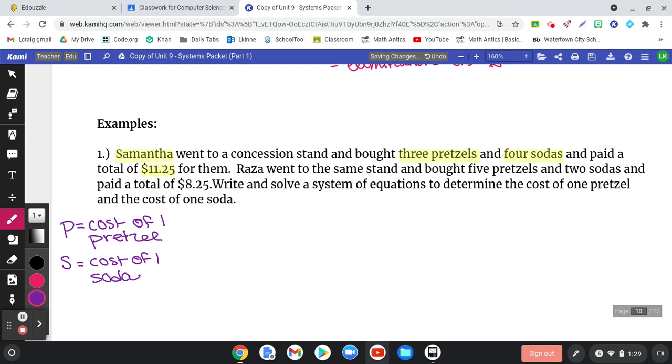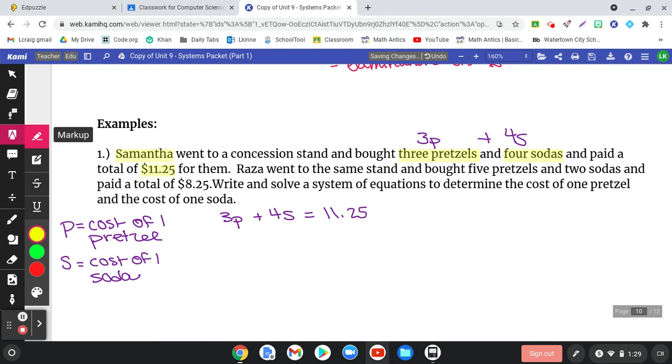So for Samantha's equation, it's pretty easy. 3 pretzels, 3 times what they cost, plus 4 times the number of sodas, equals $11.25. So 3P plus 4S equals $11.25.